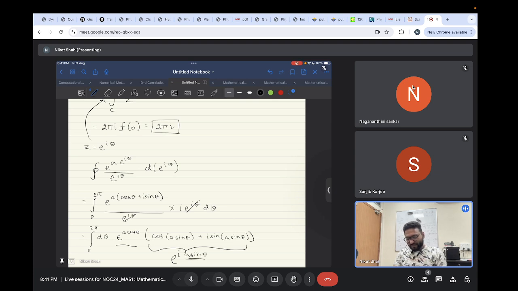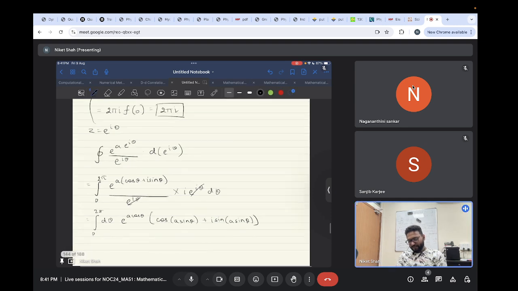So I'm just taking this as simply e raised to power I x. So cos x plus I sin x, where x is a sin theta. Yes? Okay. So that's how we split this.